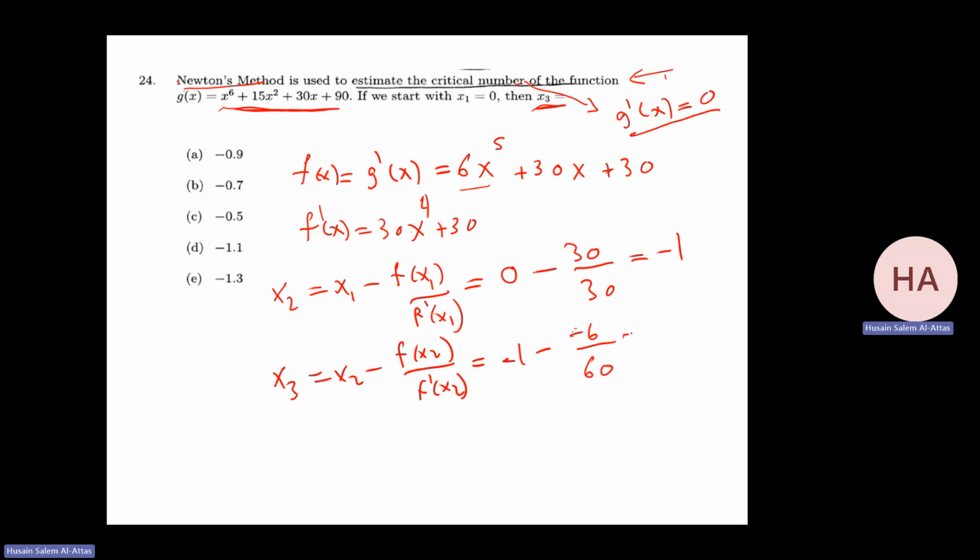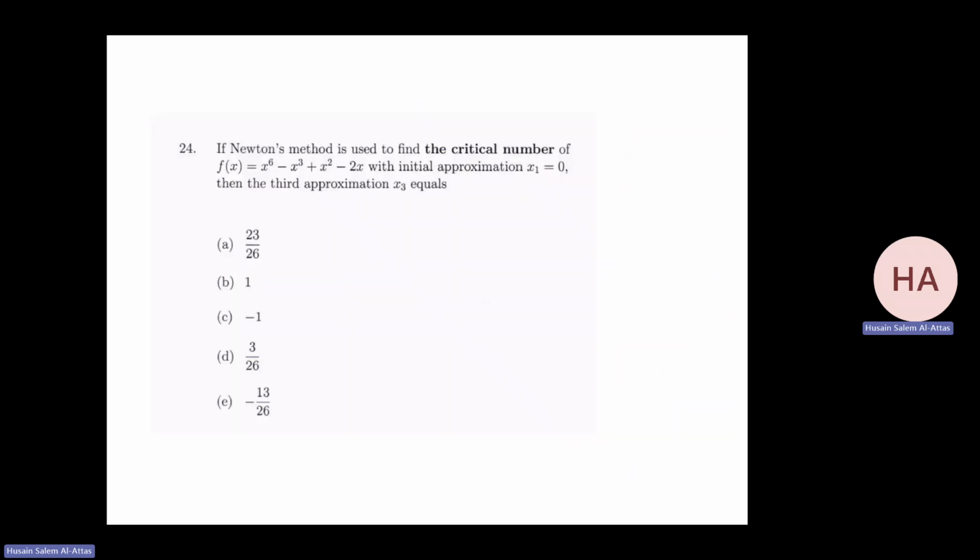So I have minus 1 plus 1 over 10. This will be minus 10 plus 1 over 10, which is minus 9 over 10, which is minus 0.9. So that will be my answer. I need x3. I was thinking of x2.